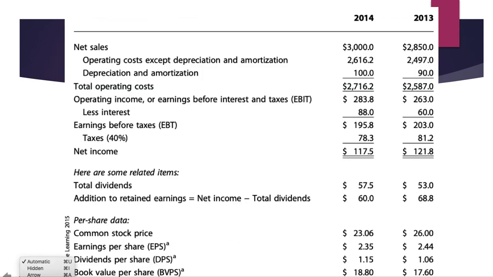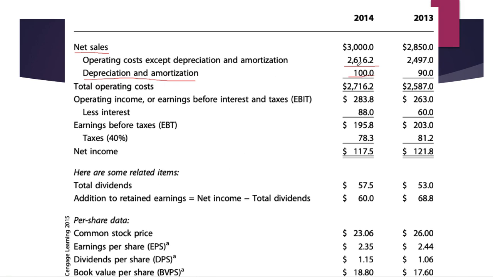Here's an example of an income statement for our Allieds Corporation. We can see that there are net sales, and we have operating costs except depreciation and amortization, which is basically 2.6 billion USD. Then there is the item for depreciation and amortization, given as 100 million.